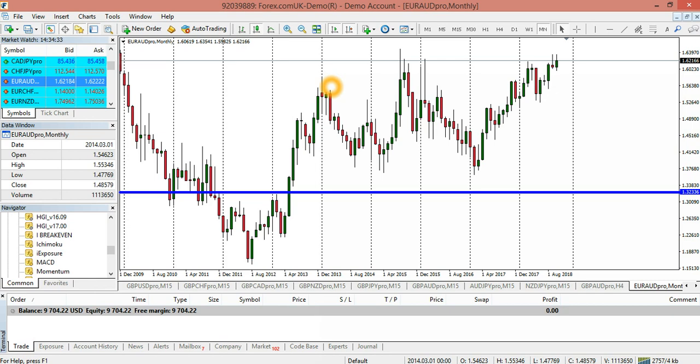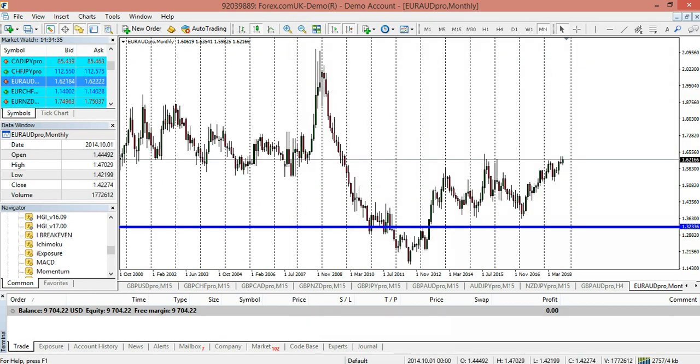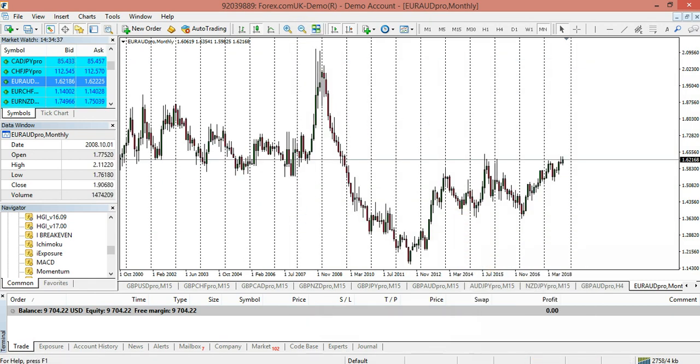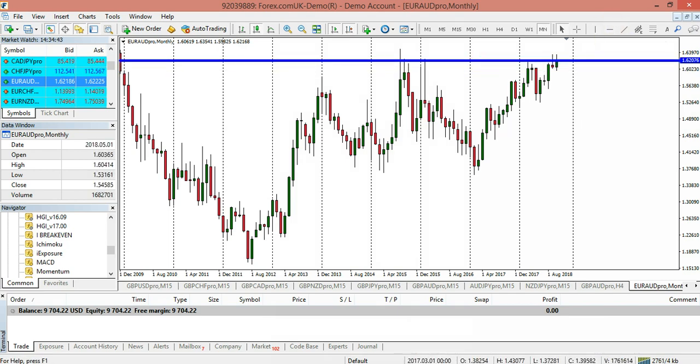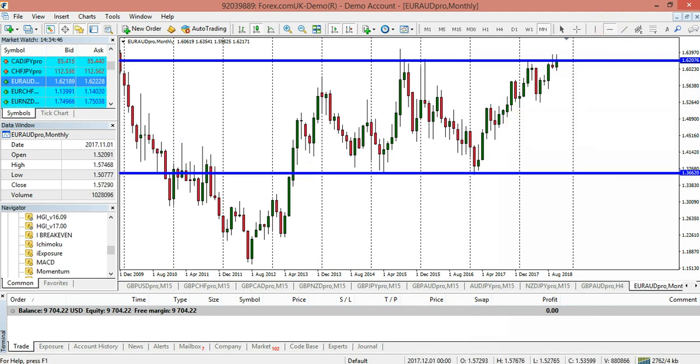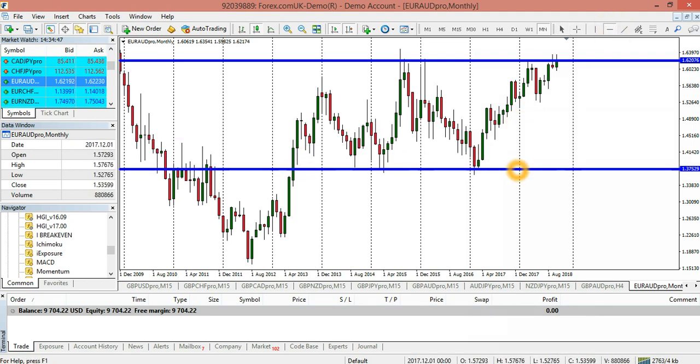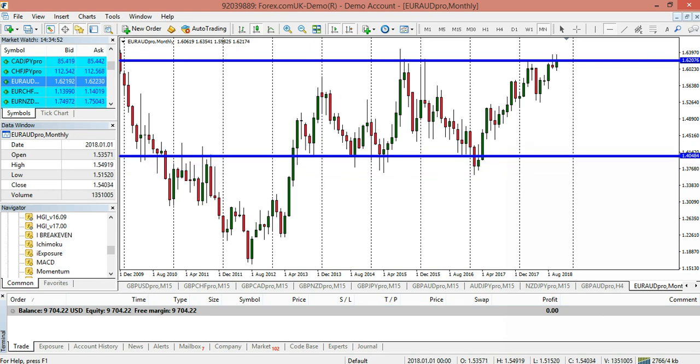Euro Aussie. Right, this is me giving you a free trade opportunity. Let's look at this again. Top, bottom. If you want to tighten it up more, you can use right here.